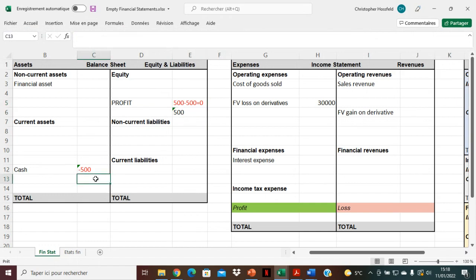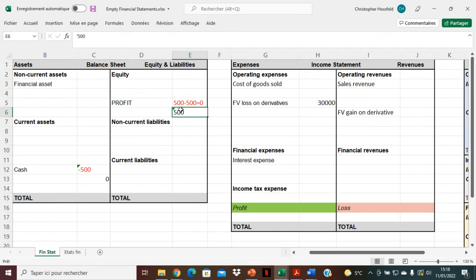That means my cash situation does not change at all. And the profit is not distributed to shareholders, therefore the profit remains in equity.